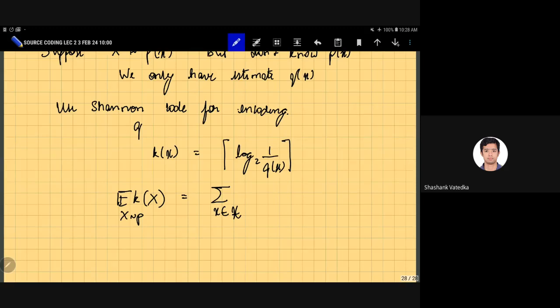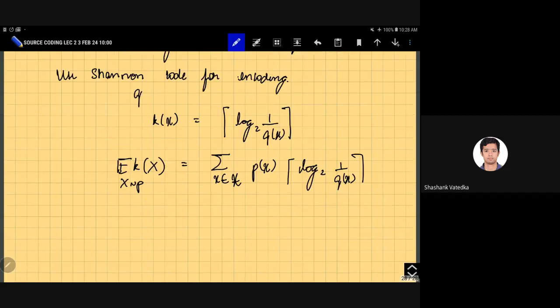So it's summation p of x times k of x, which is basically p of x times ceil of log 1 over q of x.